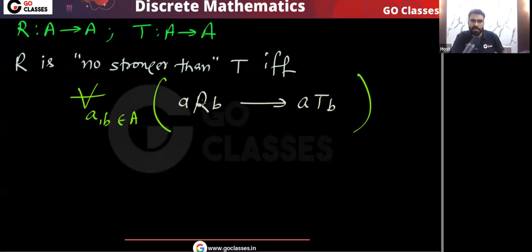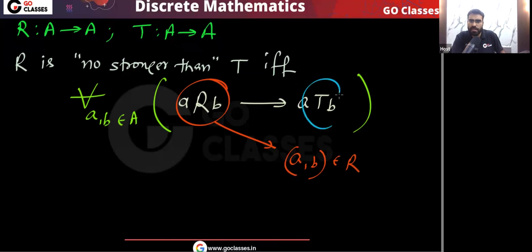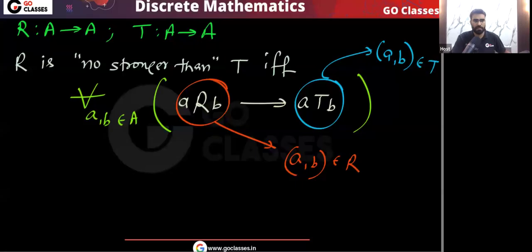Okay, so let's understand this definition. First, you understand what this actually means. A R B is the same as the pair (A, B) belonging to R. Do you agree? And A T B is the same as (A, B) belonging to T. Yes or no? So very simple.